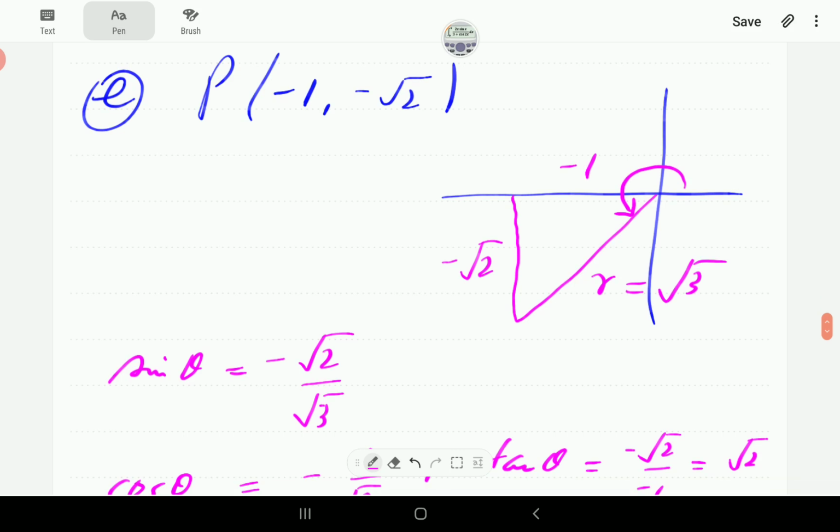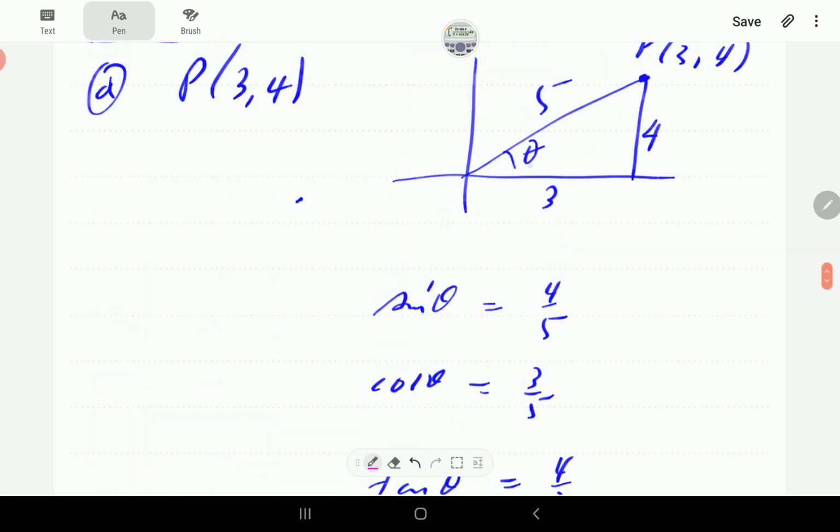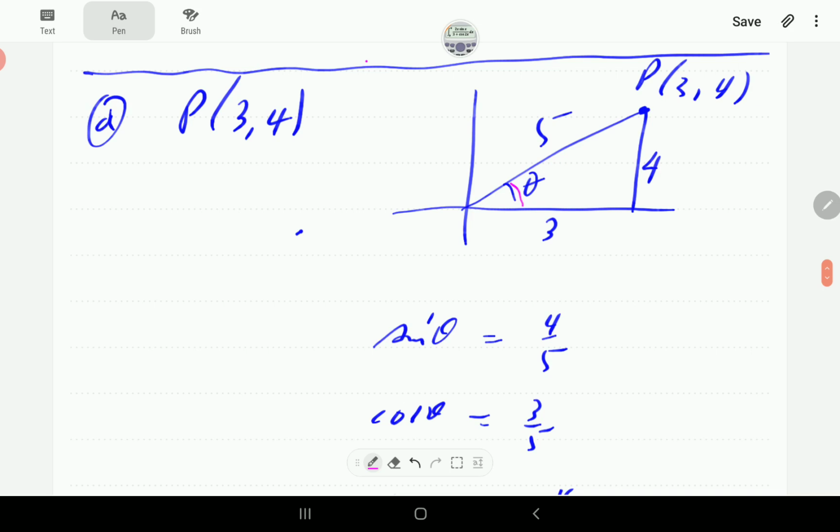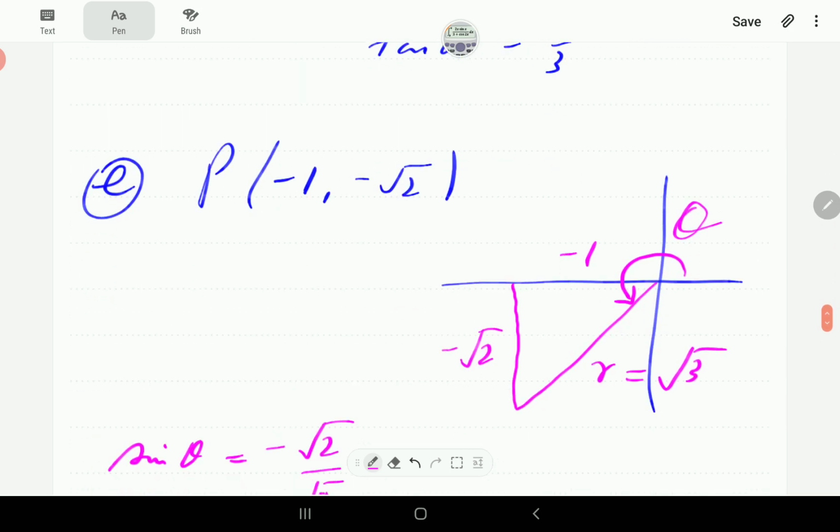For E, we have negative 1 as x and negative root 2 as y, in quadrant number 3. So this is going to be our angle there. For r, we have r squared is negative 1 squared plus negative root 2 squared.